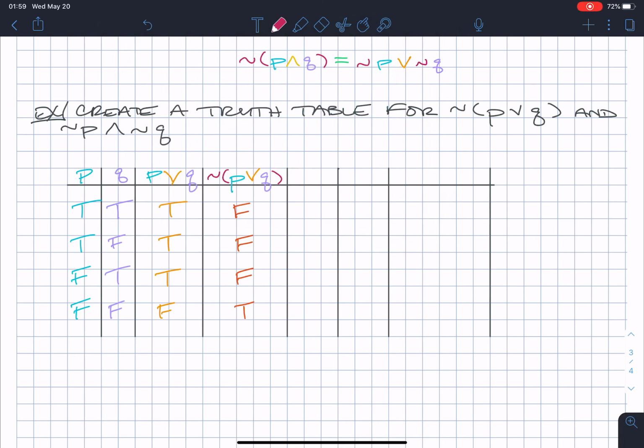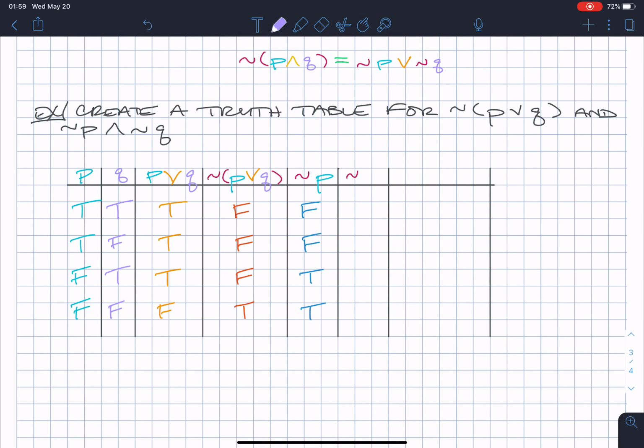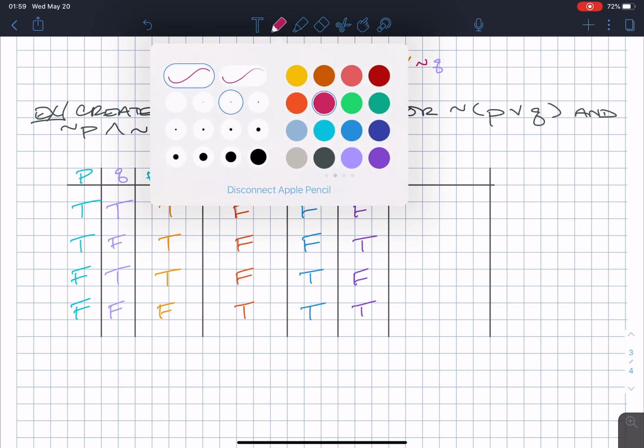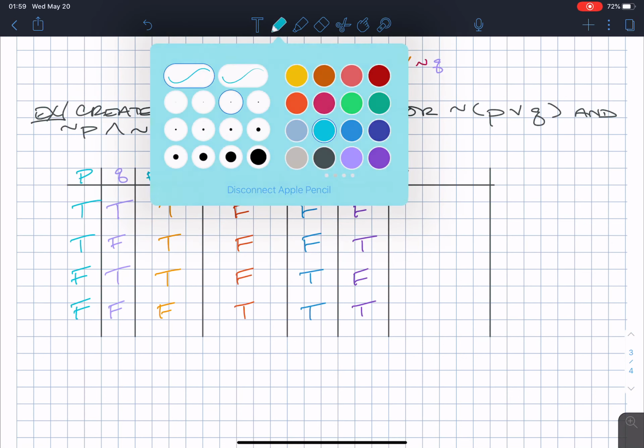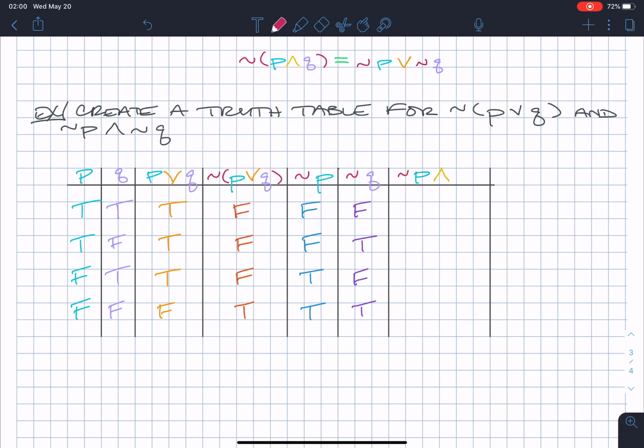So now let's go ahead and look at not P. So not P will now be false, false, true, true. Similarly, not Q will be false, true, false, true. And now let's see what not P and not Q gives us in terms of a truth table. Okay, so for the and, they both have to be true.